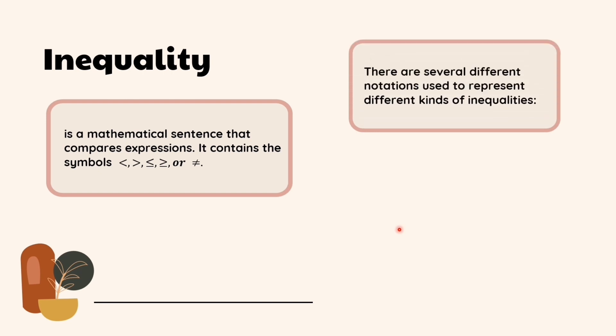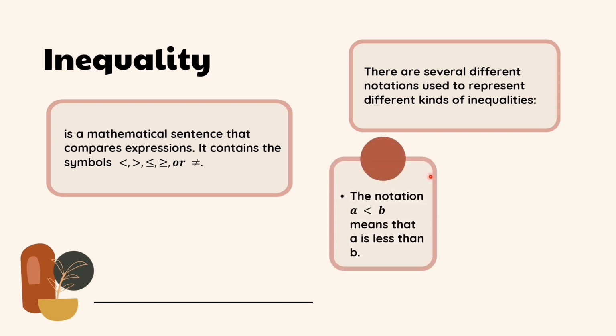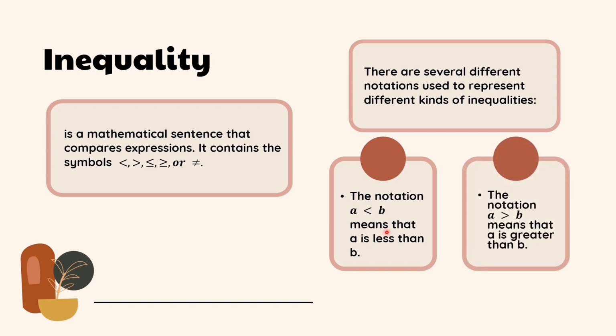There are several different notations used to represent different kinds of inequalities. First, this notation, which means that a is less than b. And the next notation, which means that a is greater than b. This symbol here is the greater than.